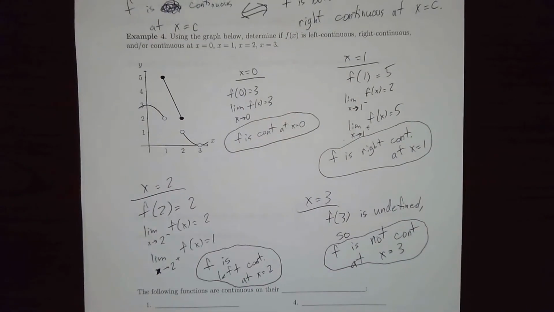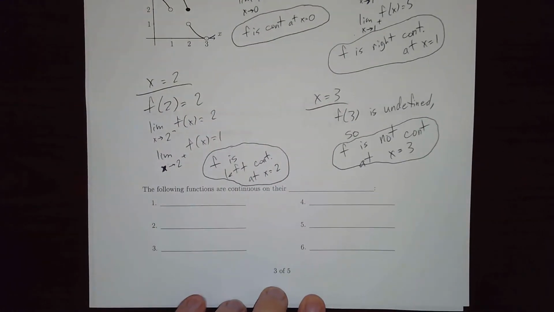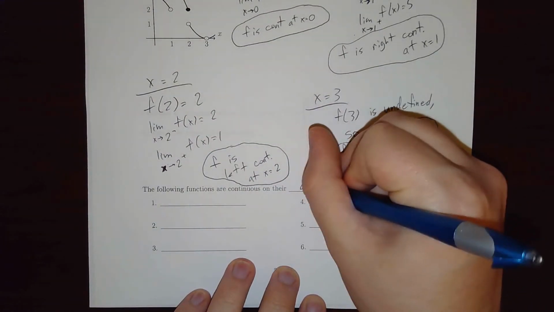Okay, so there might be some question of, are there things that we can just flat out know are normally continuous? And so the following types of functions are going to be continuous on their domains.